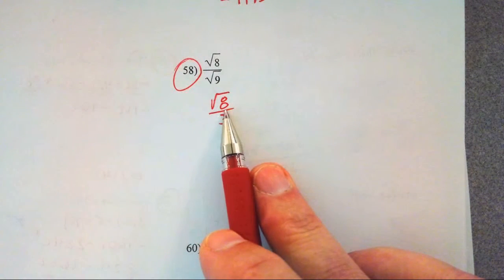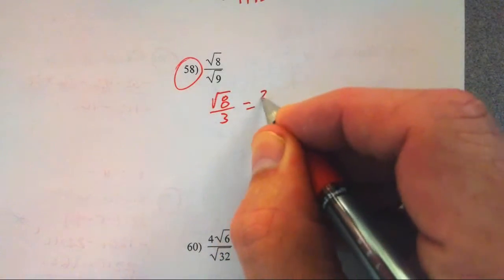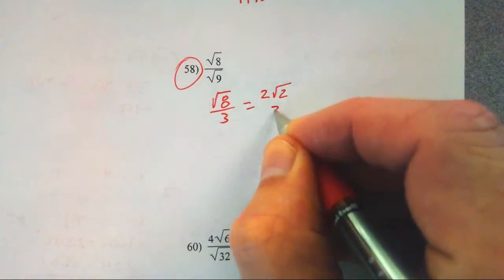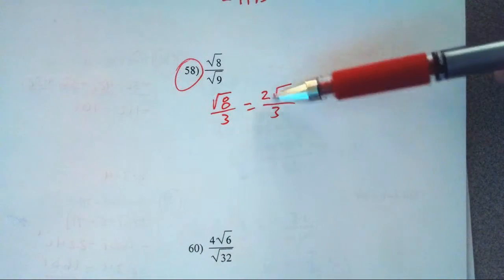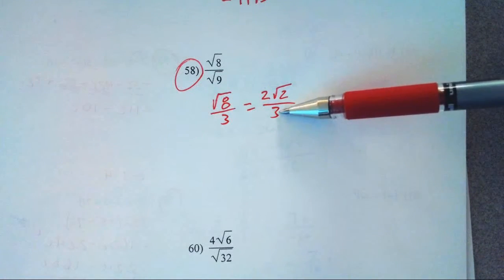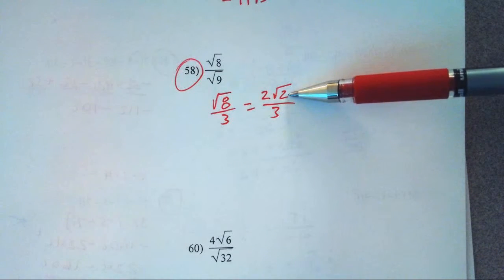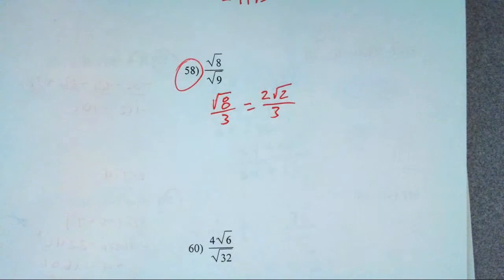Because 8 jailbreaks. This is 4 times 2. And square root of 4 is 2. 2 root 2 on 3. And then we double check. Can I reduce anything? 2 and 3? No. This 2 and 3, no, because I've got a radical and a non-radical, and 2 and 3 don't reduce anyway. Okay.